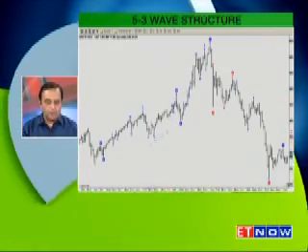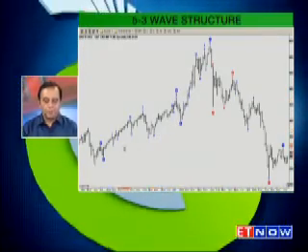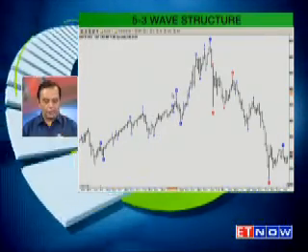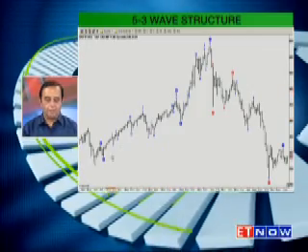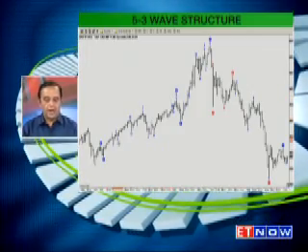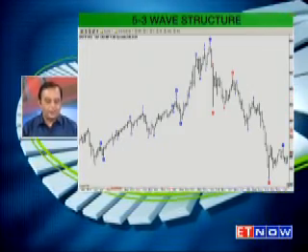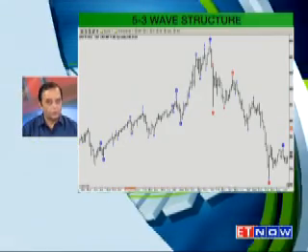So these are minor 1, 2, 3, 4, 5, which are part of the wave 3. So they are lower degree waves when compared to the blue circle waves. And within that 1, 2, 3, 4, 5, I have another set of markings which is also 1, 2, 3, 4, 5. So it's all fairly confusing, let me say, at the start. It's very confusing right now. But then there are so many 1, 2, 3, 4, 5, it's degree within degree within degree.